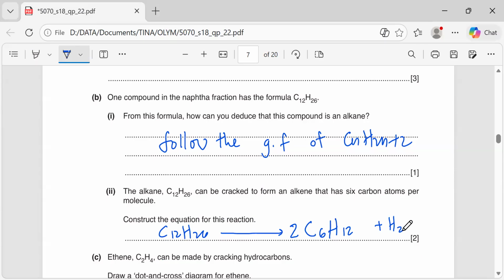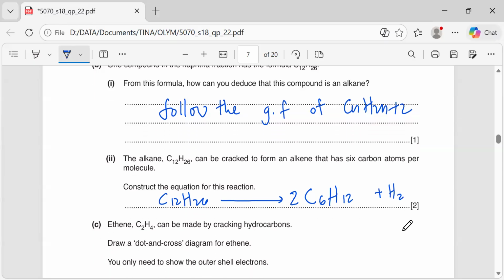H2. Get it? Or you can do hexene and hexane. They don't mention what you should do. They just mention that one of the products is an alkene with 6 carbons, hexene. If you double it, then you get H2. If you do hexene and hexane, also can. Do you get it? Okay.